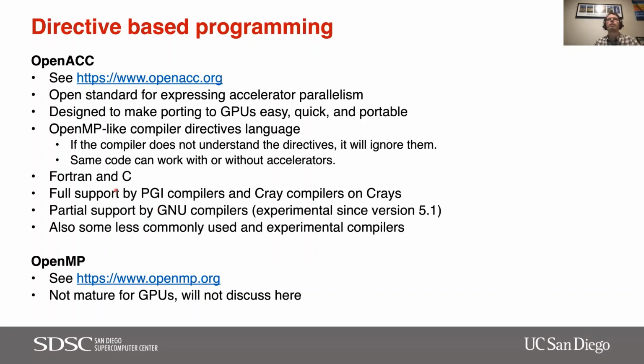Yeah, so really the most mature compilers are the PGI, or nowadays basically the NVIDIA compilers. There's also OpenMP, but it's not yet as mature for GPUs, and I don't know much about it. I have never used it, so I will also not discuss much here. I mean, I've used OpenMP, but not for offloading to GPUs.